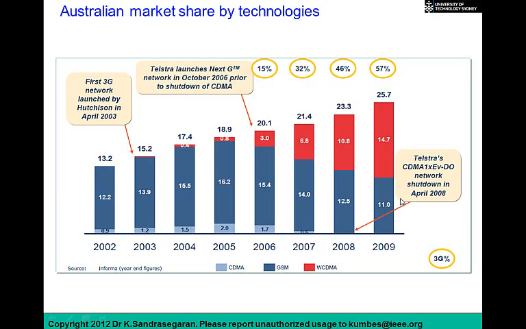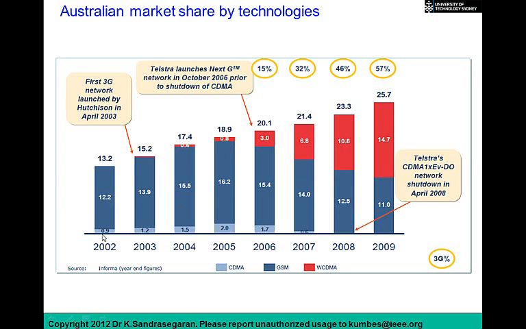Now in Australia, if we again look at the market share by technologies over the last 10 years or so, you can see that the dominant mobile technologies were CDMA 2000, GSM, and wideband CDMA, shown in red there.